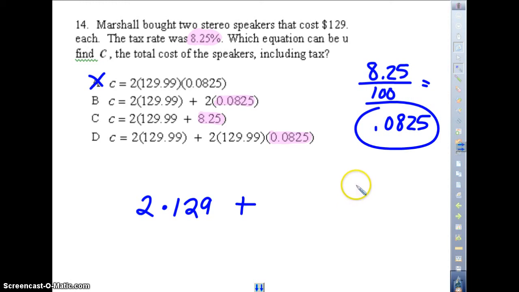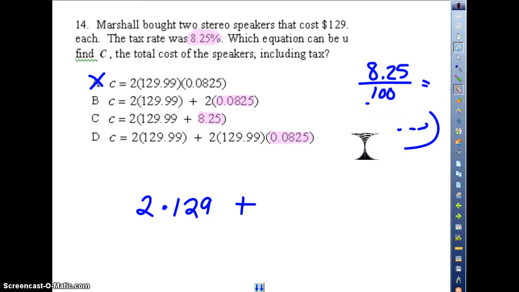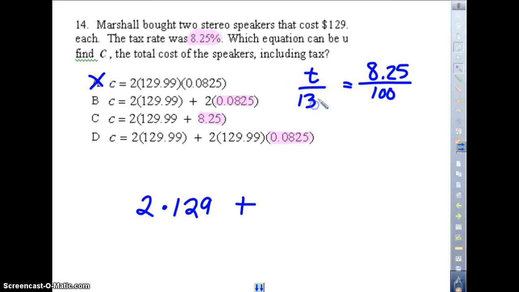If you want to set up a percent proportion, here's what it looks like. That's the same as part, your tax part, over the whole amount. You would set up a proportion like this. How do you solve for your tax amount? It's really, my total here is actually going to be 2 times 129.